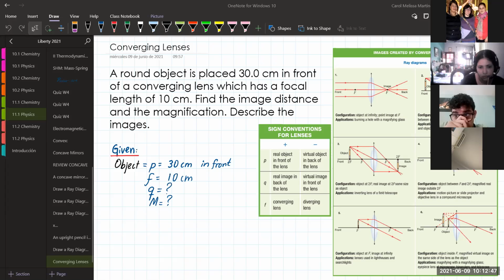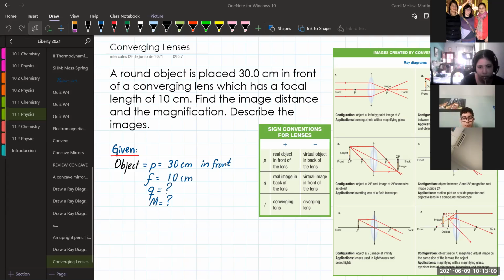Okay, I have to describe the images. So let's focus on the first part. I need to find Q. You already kind of know that the formula that we must use is the same that we use for the mirrors, okay?